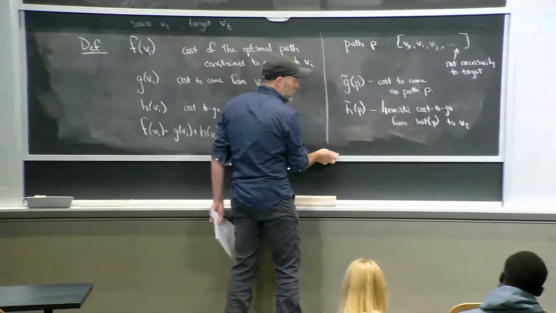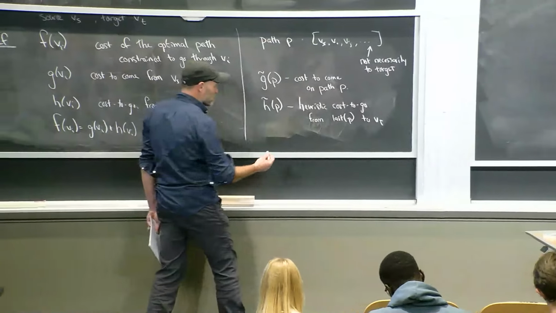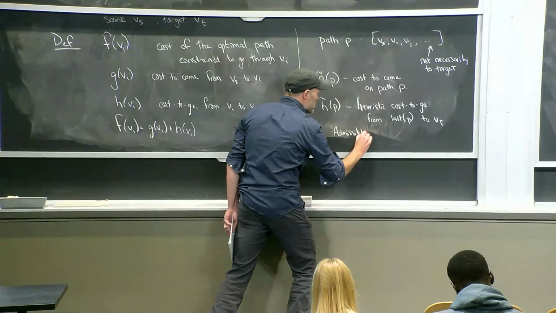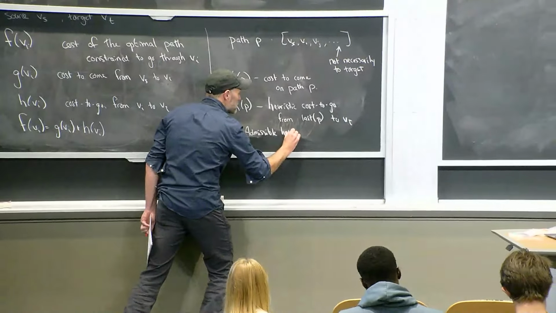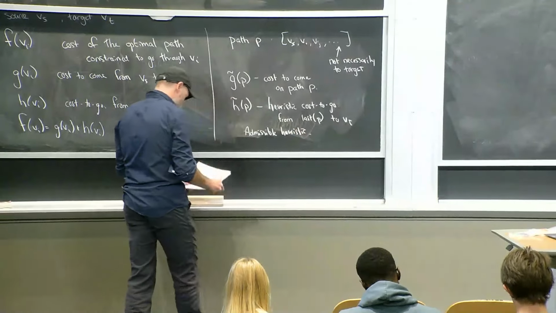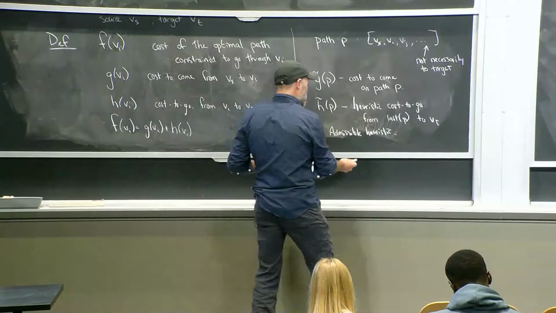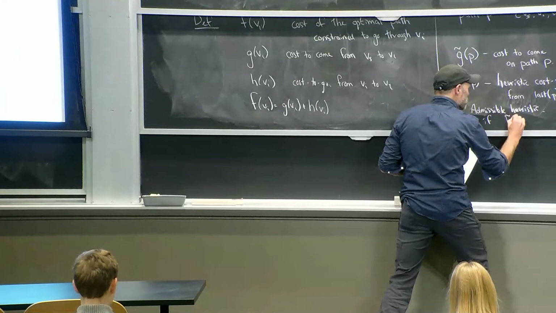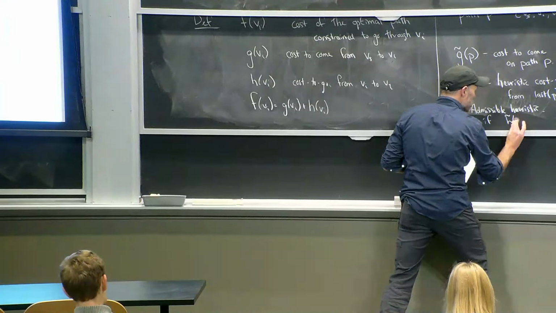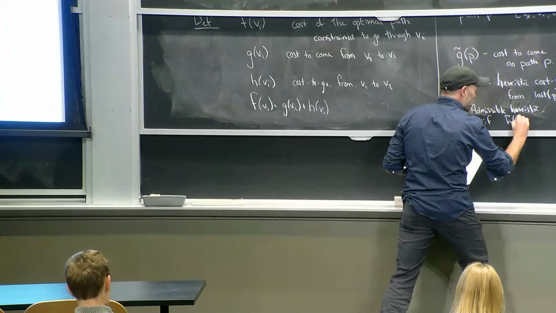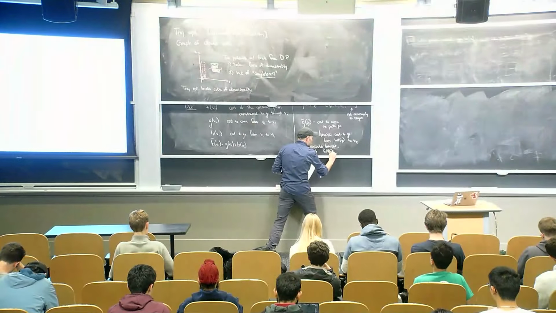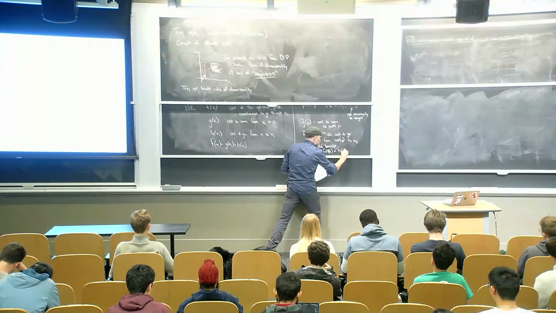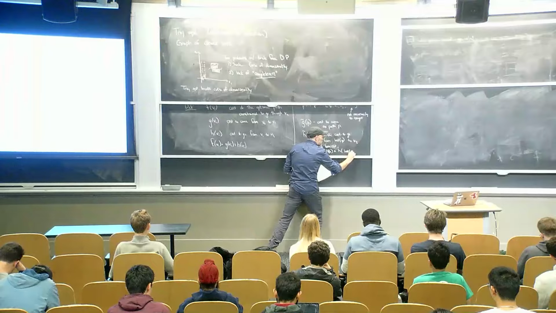And if your heuristic has certain properties, the most famous one being that it's an admissible heuristic, meaning it always underestimates, h tilde of P is less than or equal to the actual h of the last node in P.